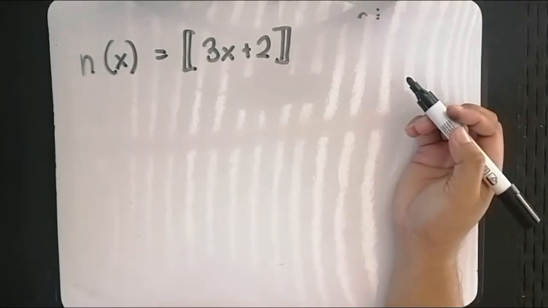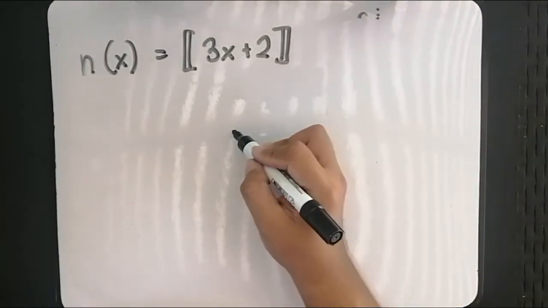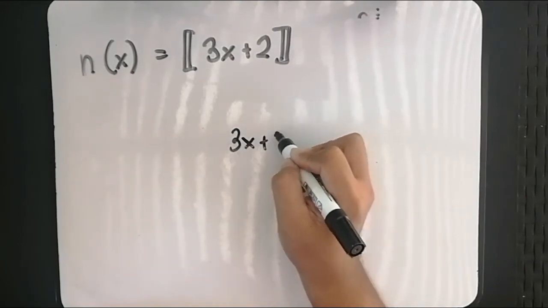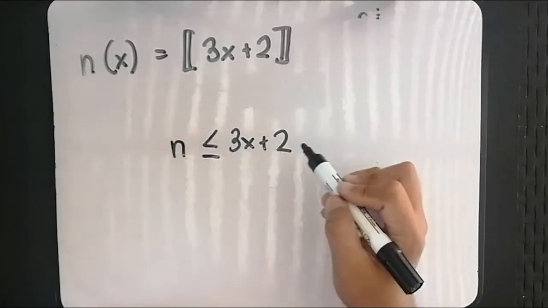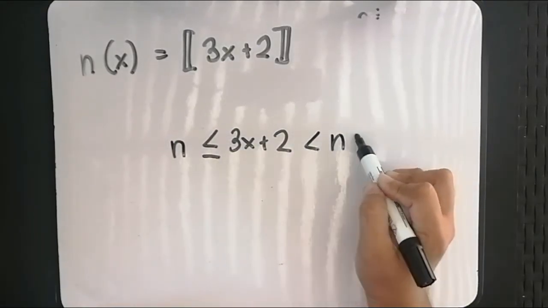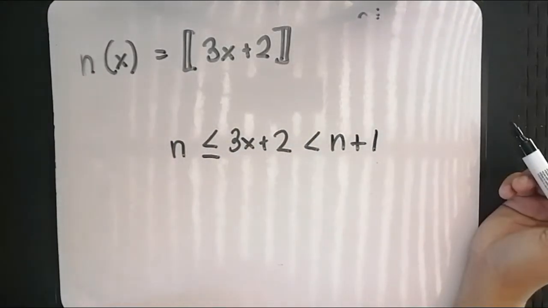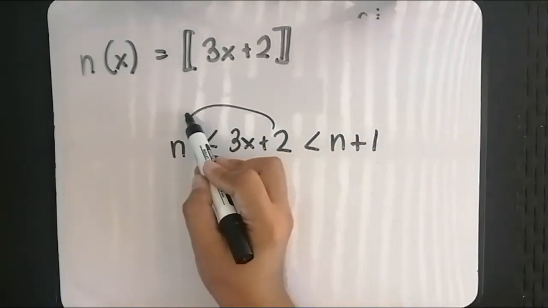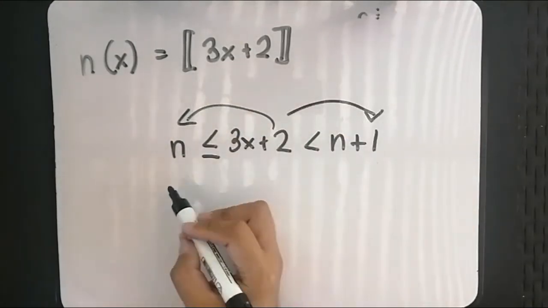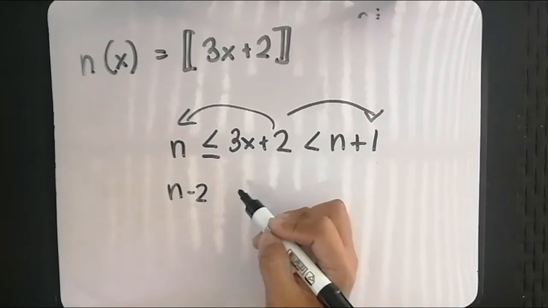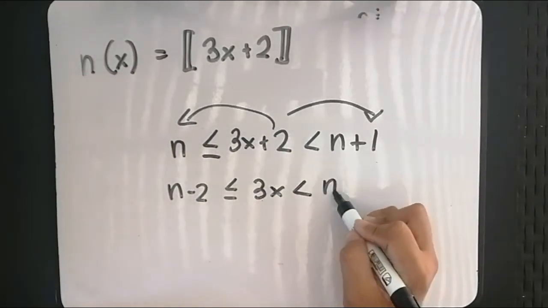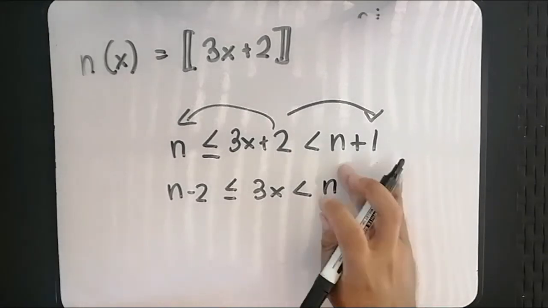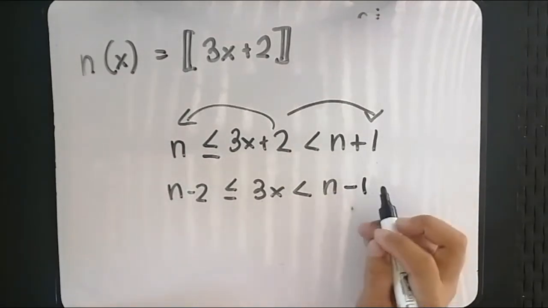By the definition of greatest integer function, we know that 3x plus 2 is greater than or equal to n but less than n plus 1. So by algebra, transpose natin yung 2 to both sides. So we have n minus 2 and we have n minus 1.